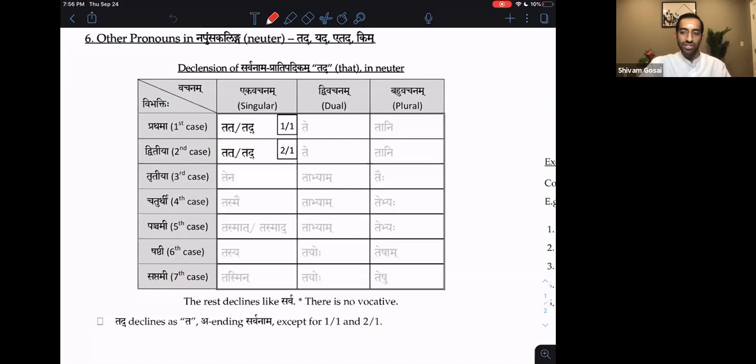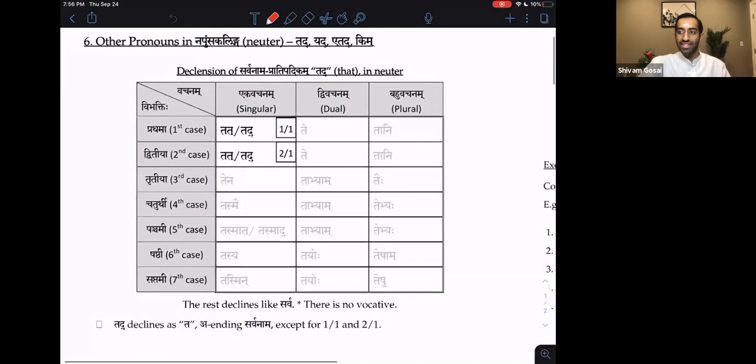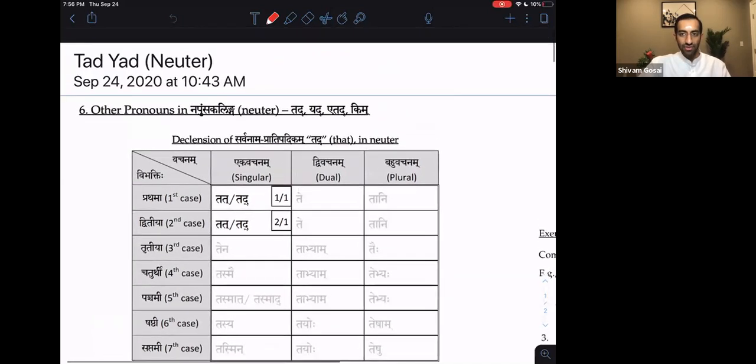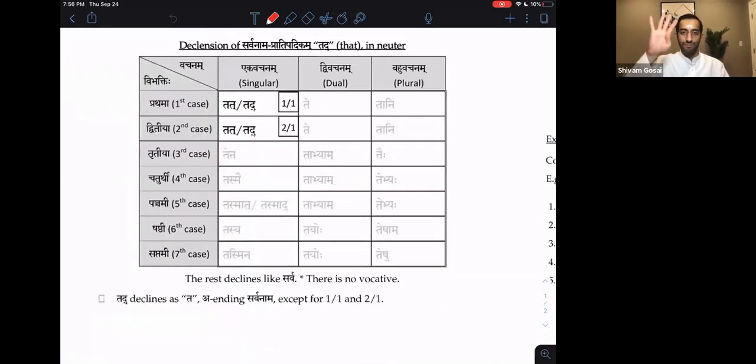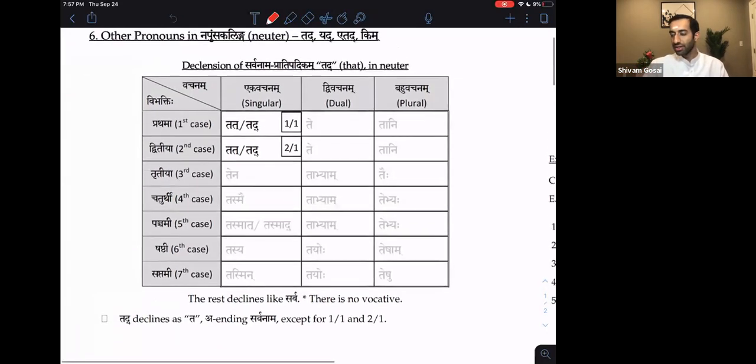And then 3 onwards just looks like Rama, except in sarva we have 4-1 sarvasmai, 5-1 sarvasmat, 6-3 sarvesham, 7-1 sarvasmin. These are some differences we see.